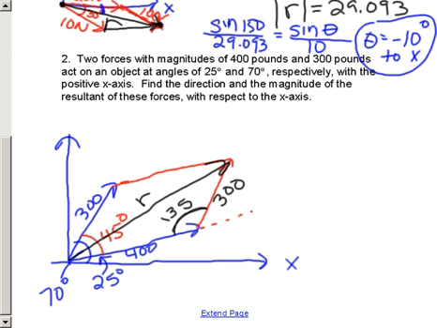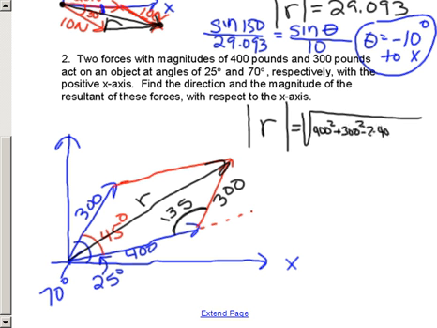Okay, so the magnitude of our resulting vector is the square root. I don't think I'm going to have enough room to write it. Let's see how small I can make it. And look, I still ran out of room for the 135.